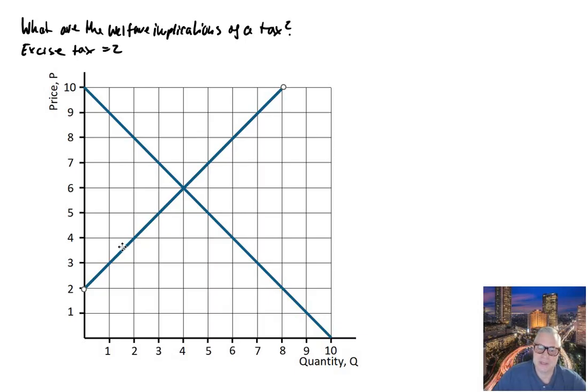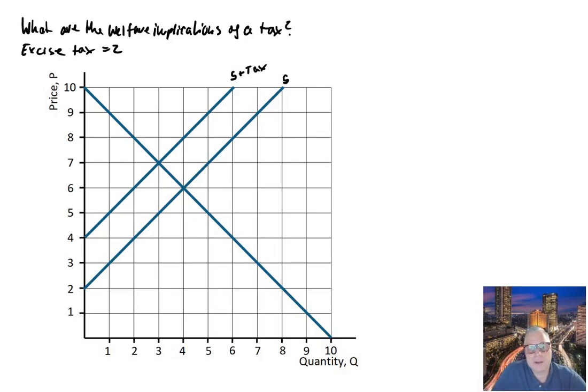But when the tax is being added, we can shift it up by 2. So here we had our supply, and the shifted one is the one with the tax.